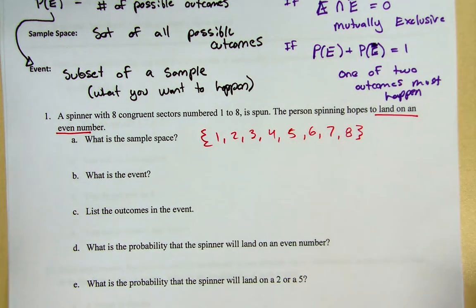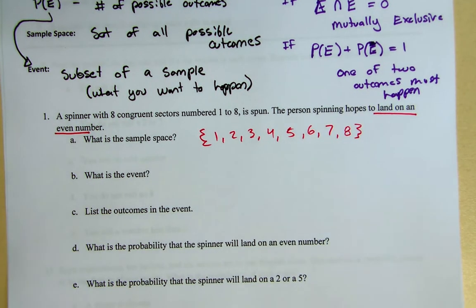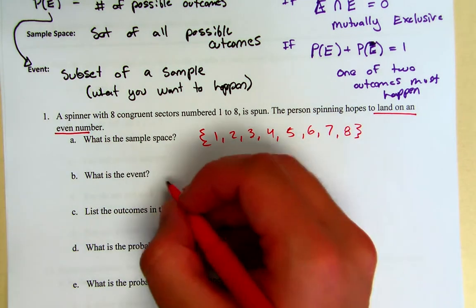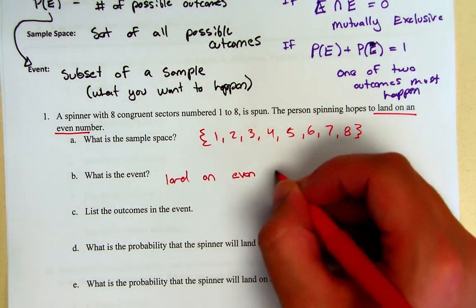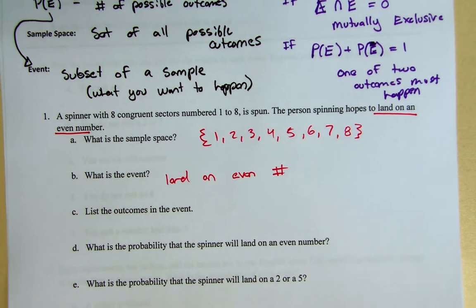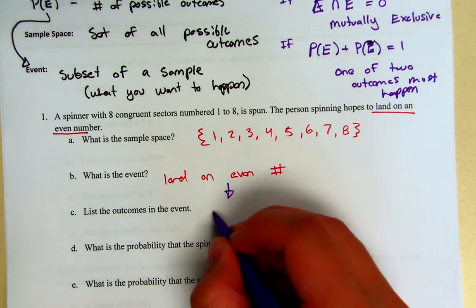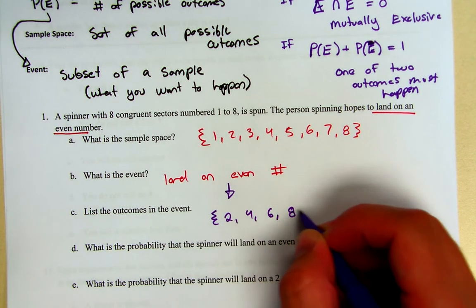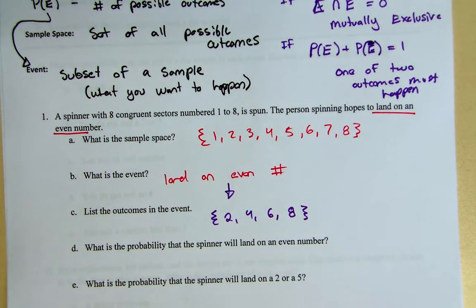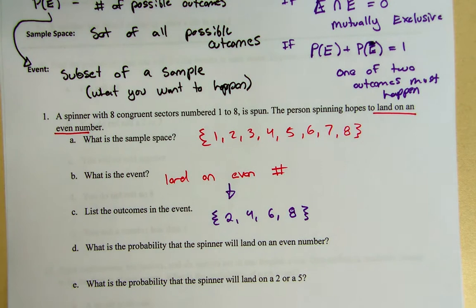We can land on everything. What is the event happening? We want to land on an even number. That's the actual event. What are the outcomes in this event? That is 2, 4, 6, and 8. So those are the actual possible outcomes.